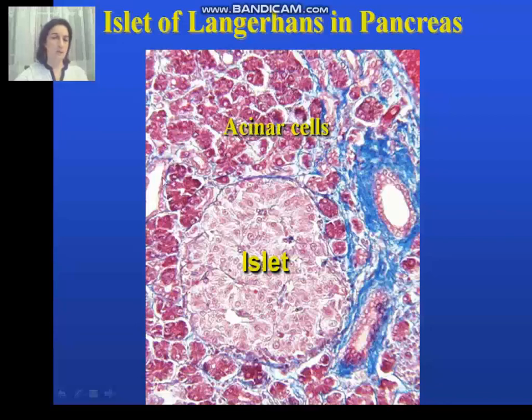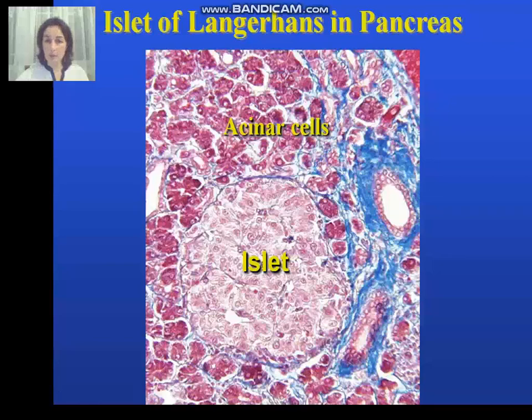It includes acinar cells that produce digestive enzymes, and islets of Langerhans, which include endocrine cells. Of all of the cells, 60% are beta cells which are located in the center, and they produce insulin. At the periphery we have alpha cells which produce glucagon.